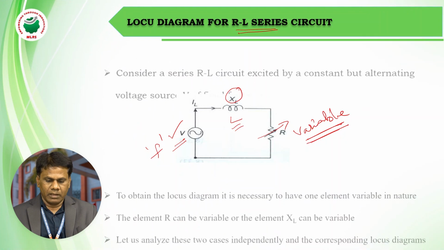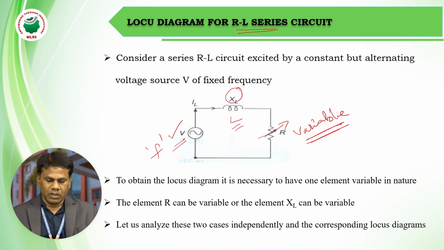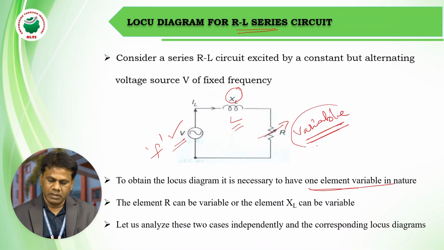Here you can see the RLC series circuit I am considering. To obtain the locus diagram, it is necessary to have one variable element in the given circuit. Here I am considering resistance as the variable element, and the inductive reactance I am considering as a constant value.